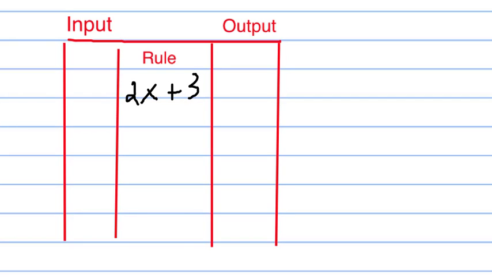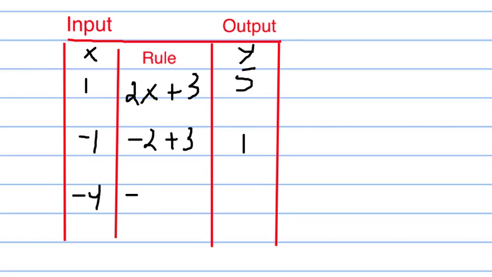So for my input, which is going to be the x, if I input a 1, I'm going to multiply by 2 and add 3, so my output, which is my y, would be 5. If I put in a negative 1, negative 2 plus 3 gives me 1. If I put in a negative 4, negative 8 plus 3 gives me an output of negative 5.